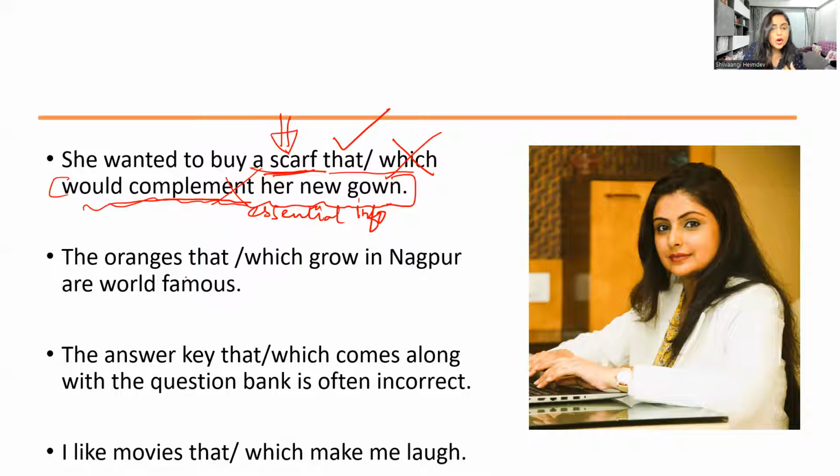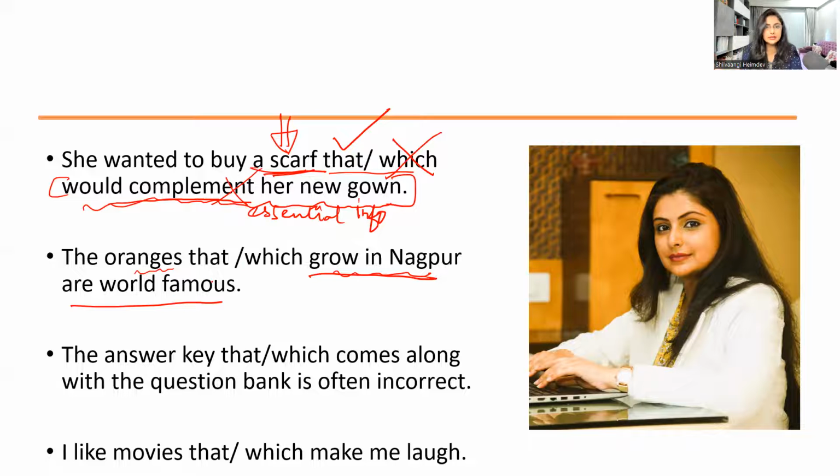Let's proceed. The oranges that / which grow in Nagpur are world famous. Now, I am talking about particular oranges. Which particular oranges? The oranges that grow in Nagpur. Obviously, if I drop this information from the sentence, it is going to collapse.